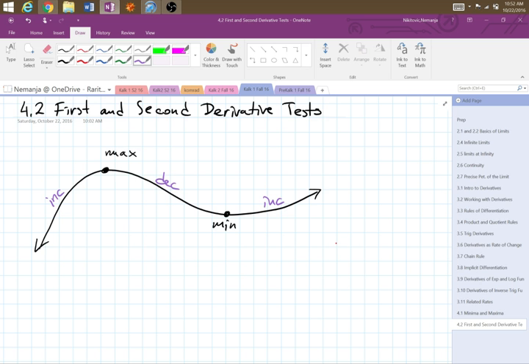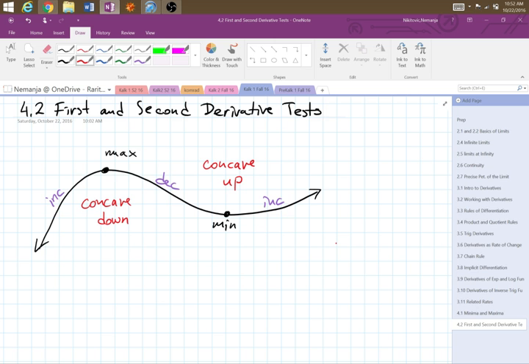And then you would have this portion of the graph here, which would be called concave down. And this portion over here is called concave up. So concave down and concave up, two portions that are another part that we would discuss.